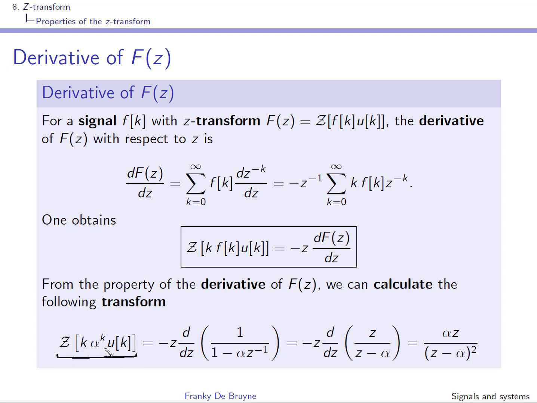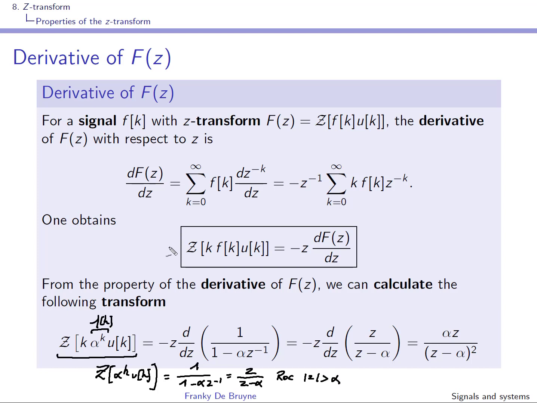You can see here that f of k is alpha to the k, so this means that we need the z transform of f of k u of k, so alpha to the k u of k, and we have shown previously that this is 1 over 1 minus alpha z to the minus 1, or equivalently, if you use the variable z, z over z minus alpha, and the region of convergence was that the modulus of z is larger than alpha, right?